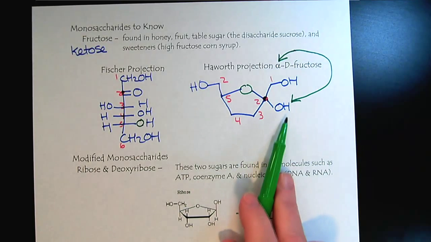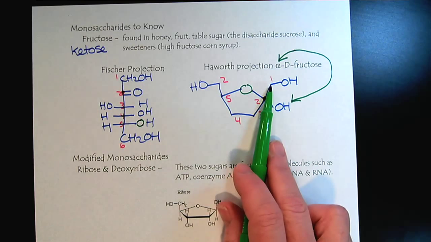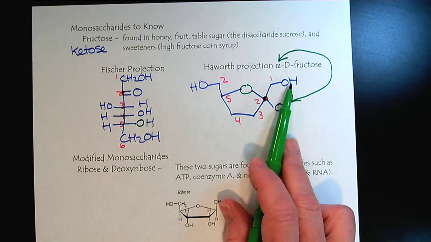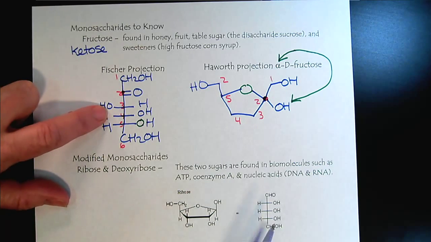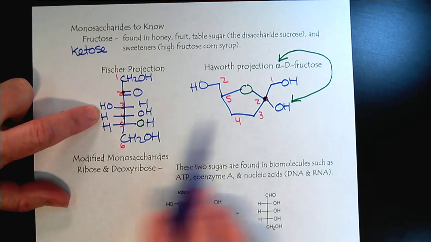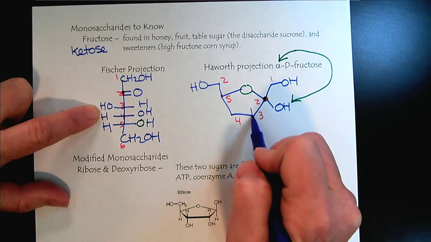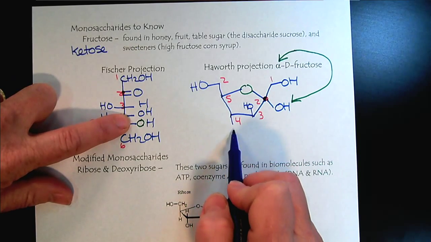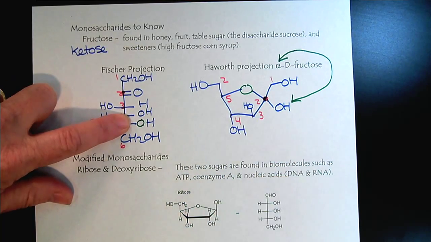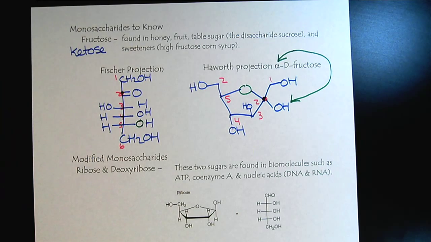So for the alpha anomer, we put the alcohol group down, and then the CH2OH group, our flagpole, points up. For the rest of the alcohols, when we get to carbon 3, we see it's on the left. If it's on the left, it points up. If it's on the right, it points down. So there we go. We have finished the structure for alpha-D-fructose.